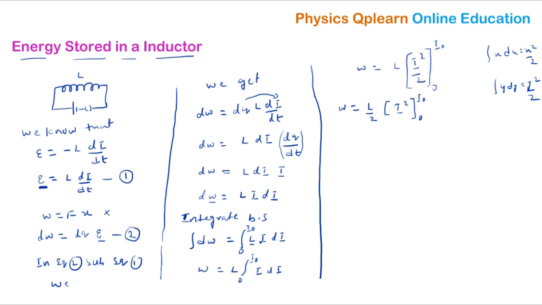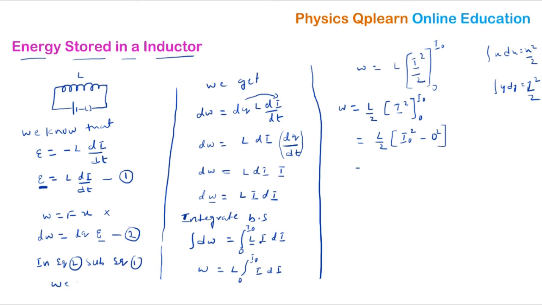Then you substitute the upper limit first and remove the limits: substitute I naught in place of I, minus the substitution of 0. So work done is equal to L by 2 times I naught square minus 0 square. The upper and lower limits are gone, and 0 square is 0.